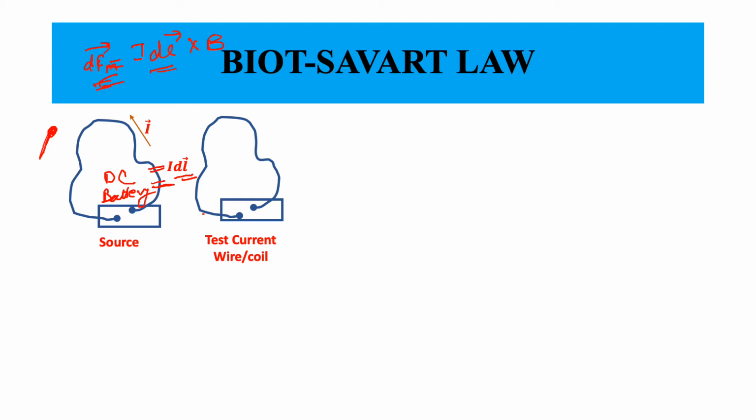So this is the source and this is your test current wire or cable, and this is the force that we have seen. So this is the force law that we have, and now we are interested in finding the vector field B, what it will be.